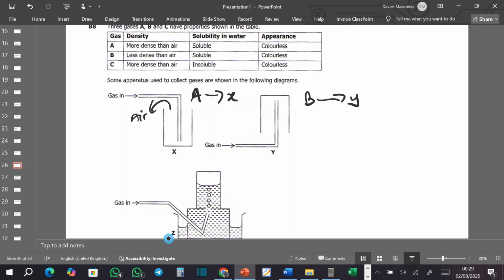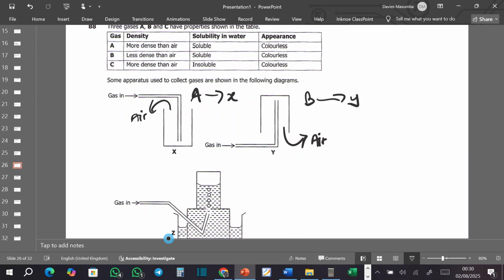Because it is less dense, it is what we call upward delivery. The gas will come upward because it is lighter, and then the air will escape downward. So this one is downward delivery, which leads to upward displacement of air. This one is upward delivery, which leads to downward displacement of air.